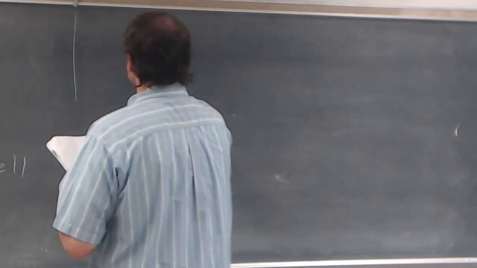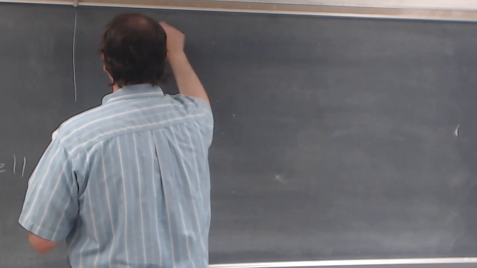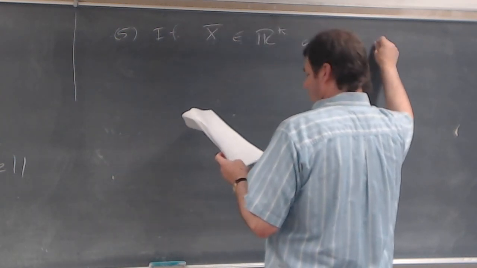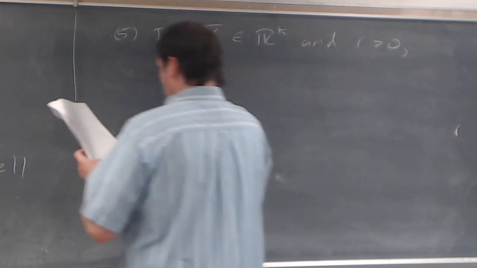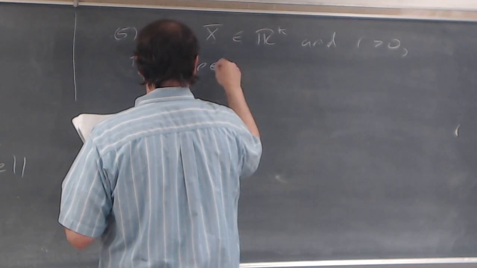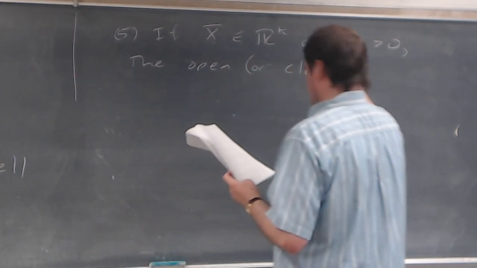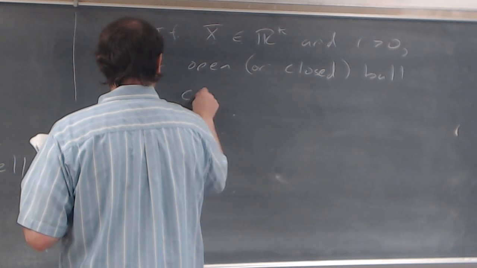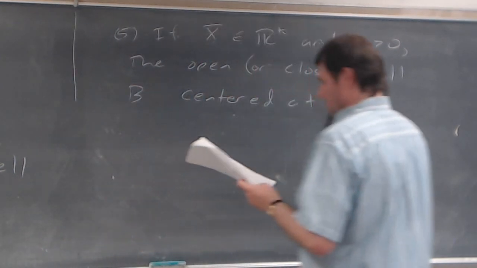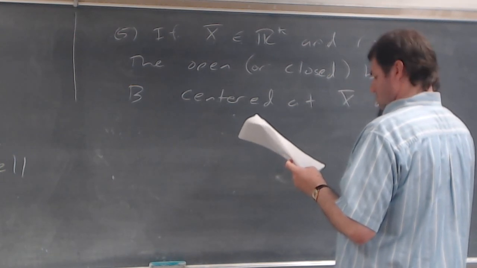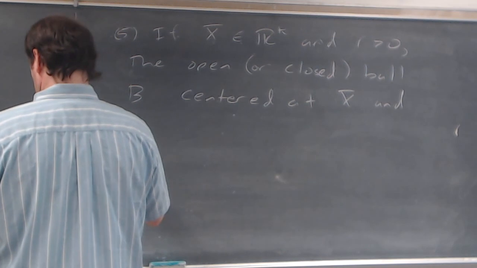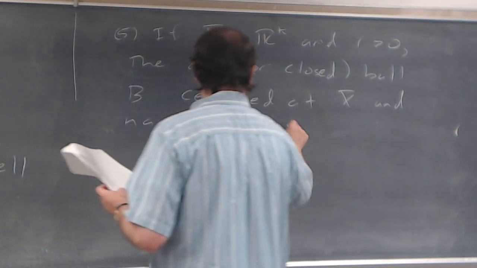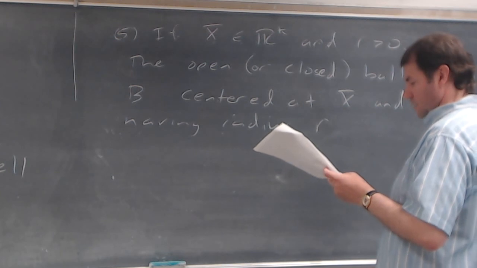Next thing I want to define: if x is an element of R^k and r is greater than 0, the open, and I'm also going to define the closed, ball B centered at x and having radius r.